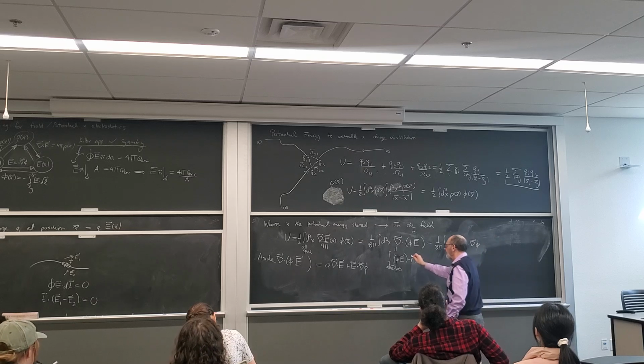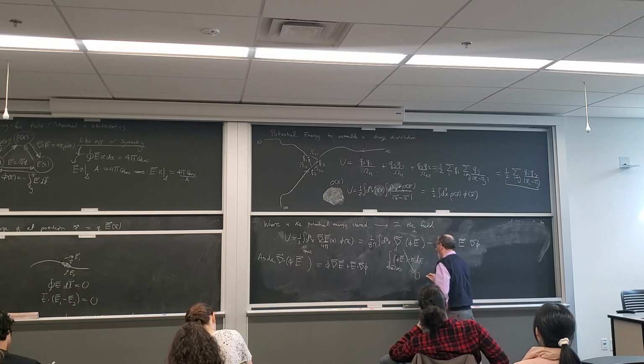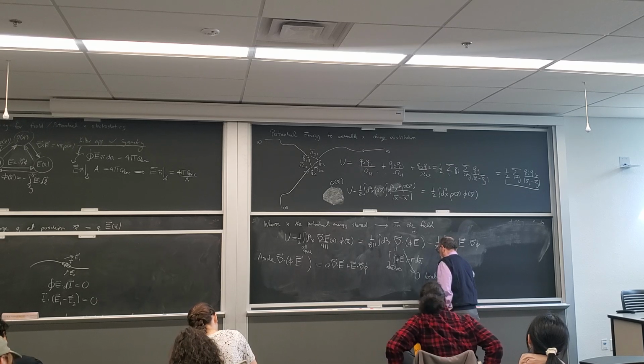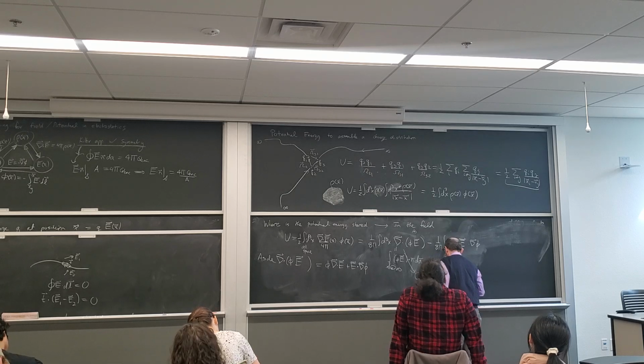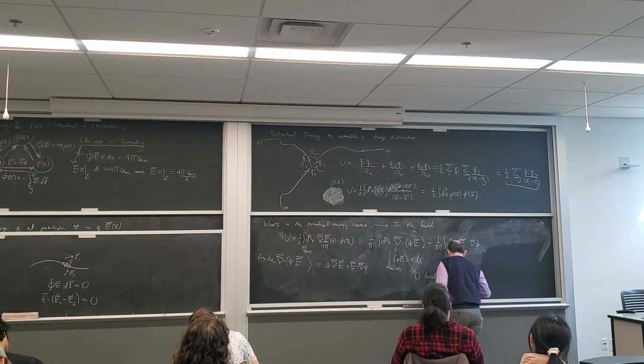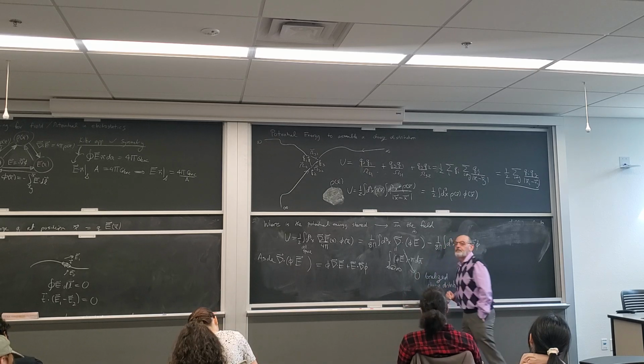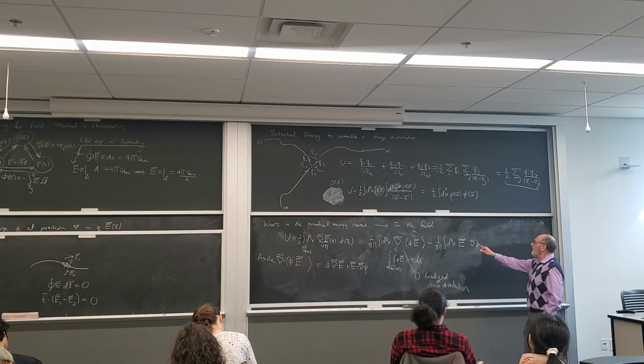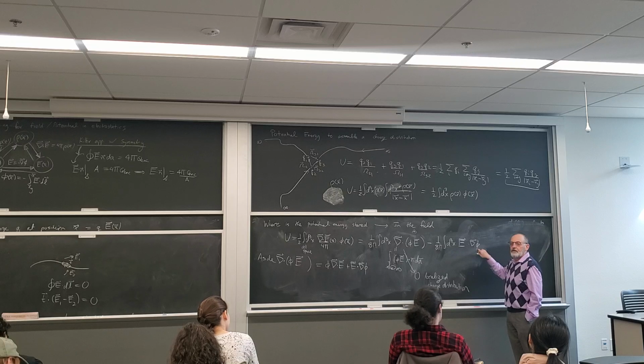So the surface term goes to 0 for a localized charge distribution. So for anything that doesn't extend out all the way to infinity, this will be 0. The boundary term is 0.